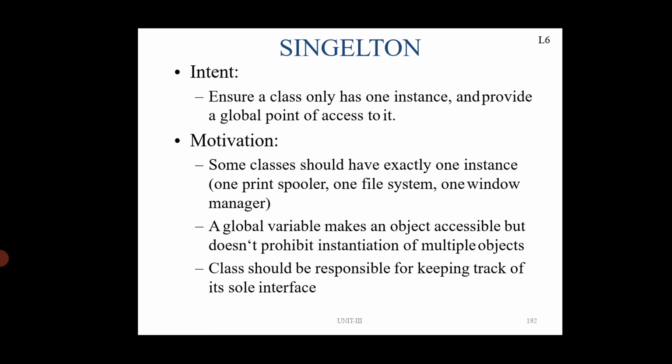The class can make sure that no other instances can be created, by intercepting requests to create new objects, and it can provide a way to access the instance. So this is the singleton design pattern.